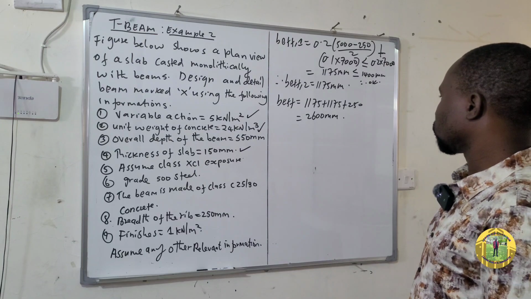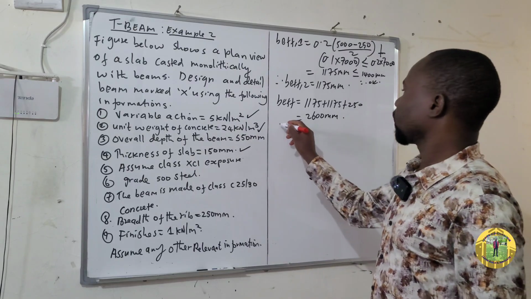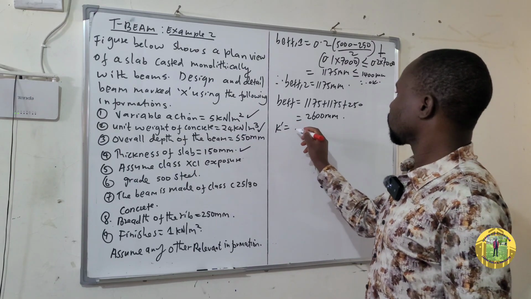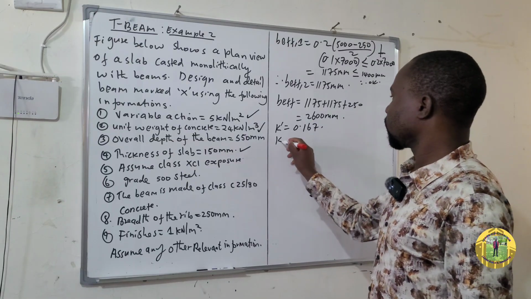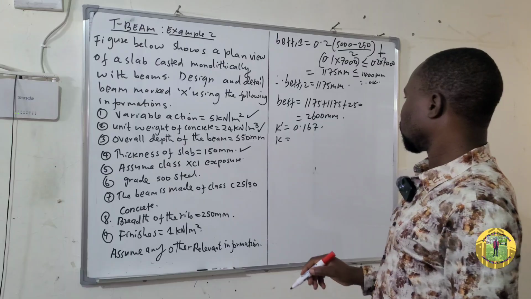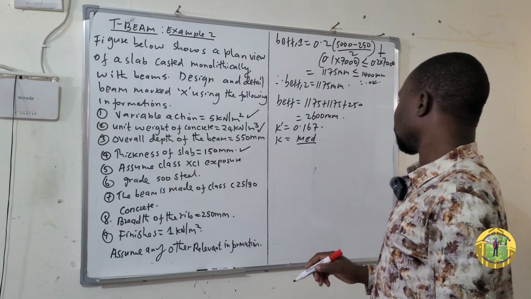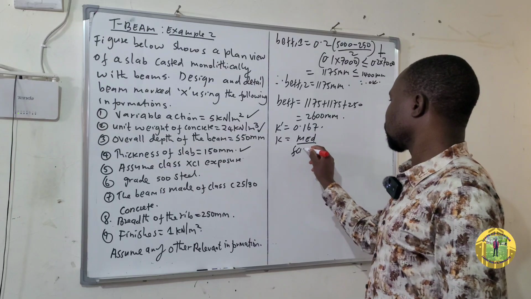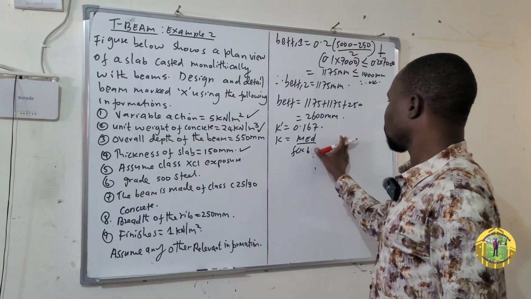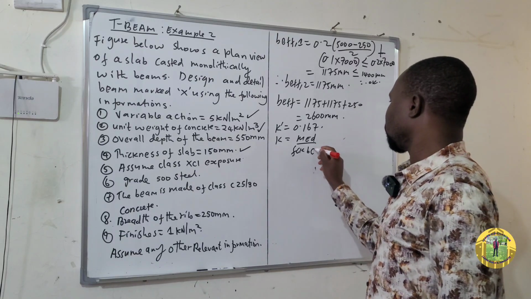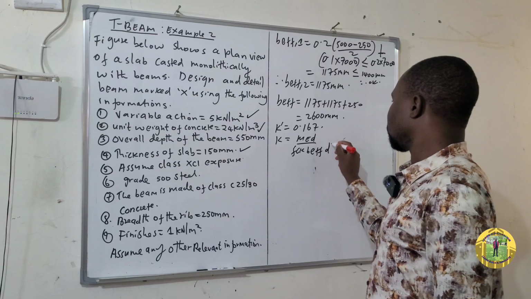So we now proceed to K. So K prime is equal to 0.167. Therefore K is equal to MED all over FCK B effective D square.